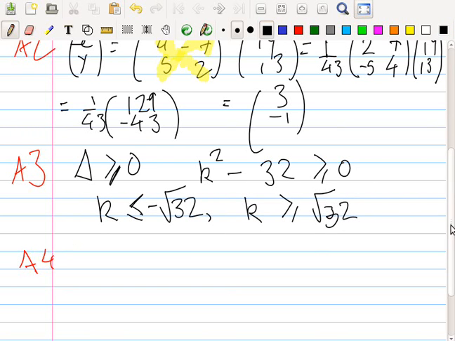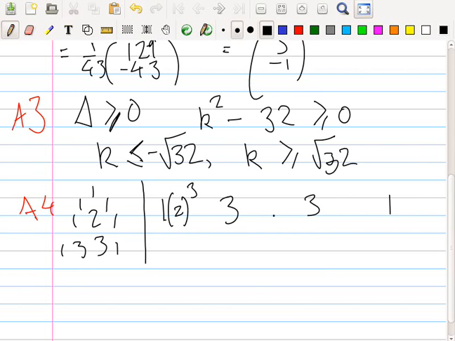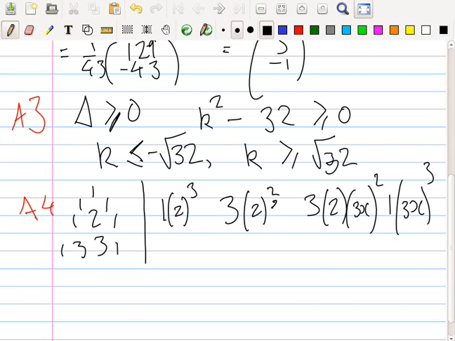A4, Pascal's triangle to expand this. 1, 1, 1, 1, 2, 1, 1, 3, 3, 1. So you get 1, 3, 3, 1. And then we have 2 cubed, 2 squared, 2, 3x cubed, 3x squared, 3x.